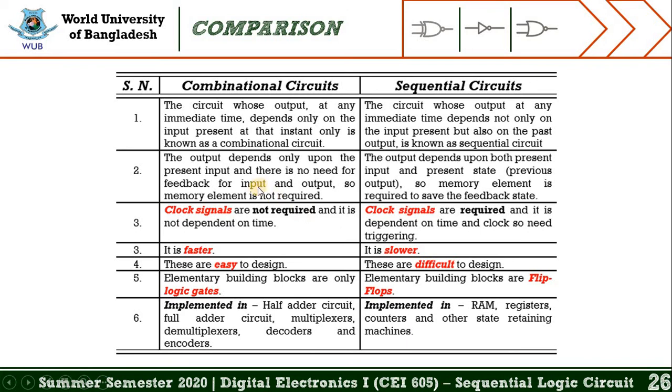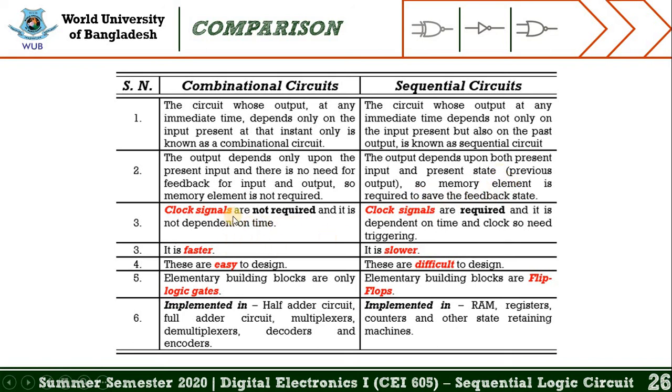Next one, the output depends only upon the present input and there is no need for feedback for input and output. So memory element is not required for combinational circuits. On the other hand, the output depends upon both present input and present state, that is, previous output. So memory element is required to save the feedback state.